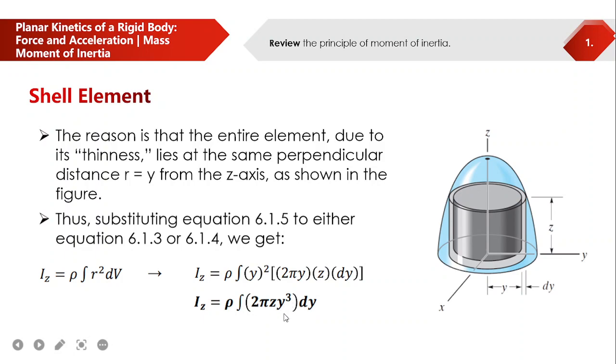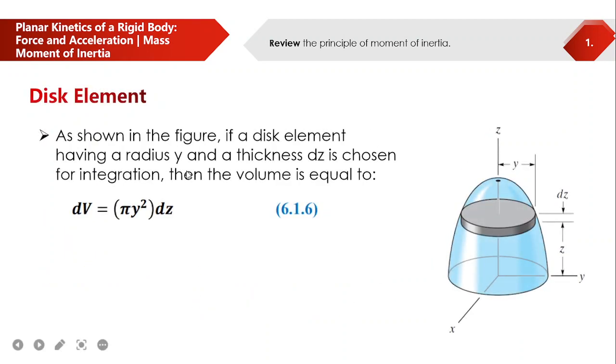If we integrate that, it will be equal to rho 2 pi z y to the fourth over 4 plus c. That will be your mass moment of inertia about the z axis. So how about the disk element? Paano ba to?